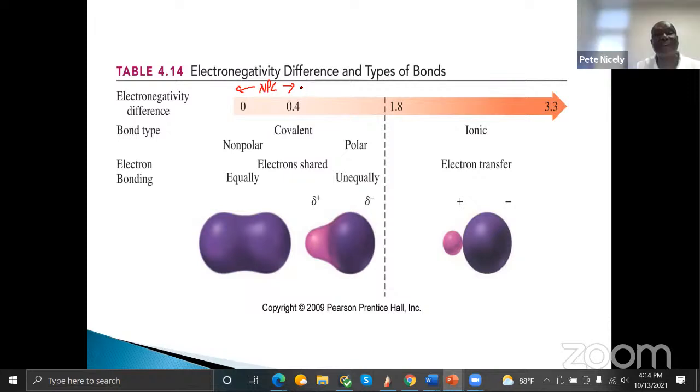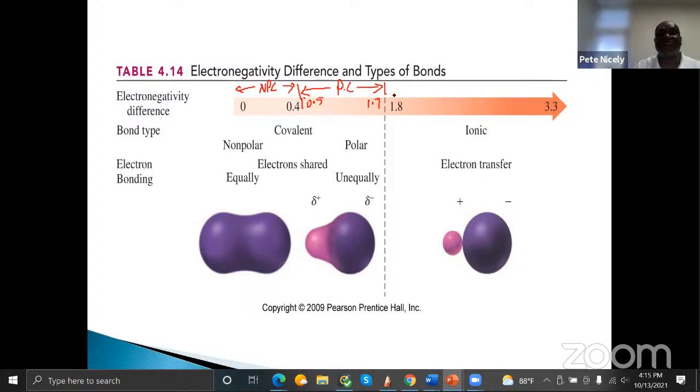Now, from 0.5 to 1.7, let me put 0.5 here to 1.7 here. If you have two atoms bonded to each other and the difference in their electronegativities ranges from 0.5 to 1.7, then we say that the bond is polar covalent.